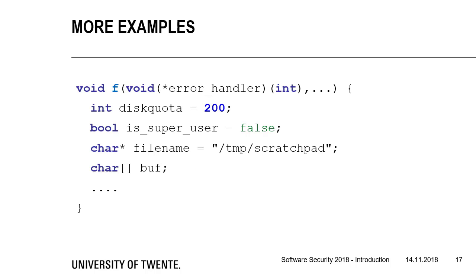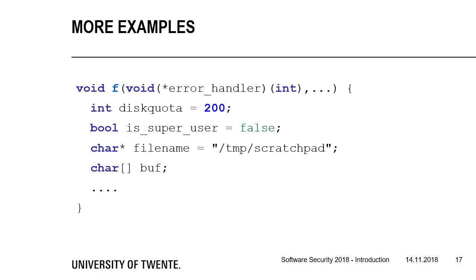More examples. I have a method here that gets passed a function pointer as an argument, and you have certain local variables like an integer disk quota, a boolean super user, a file name, and a buffer. Then you're trying to access that buffer in that way, and it might corrupt the contents of the other variables.